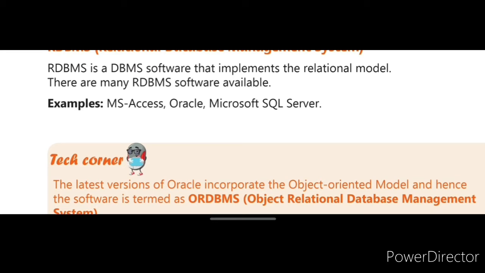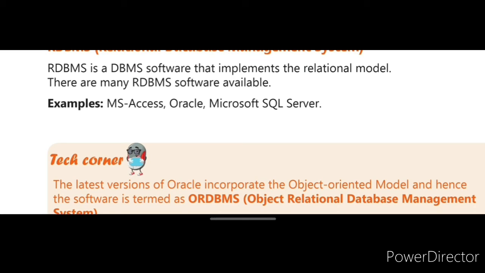It is a database management system software that implements the relational model. We have already seen 4 types of database models, right? In that I have already told you the most widely used database model is called the relational model. So RDBMS is a database management system software that uses the relational database model.